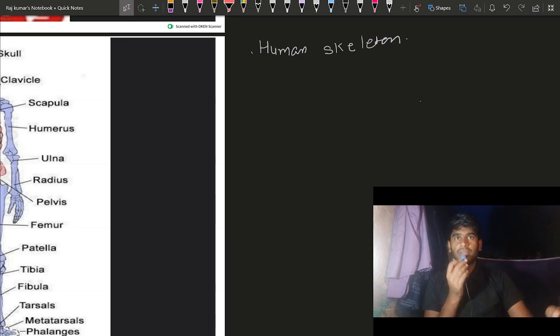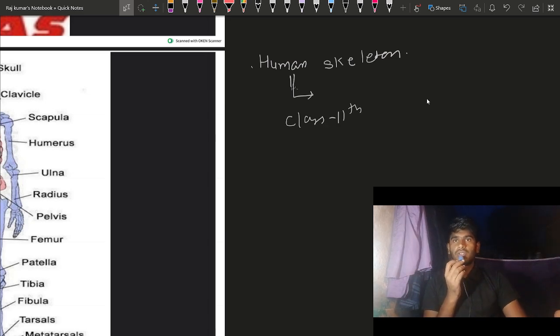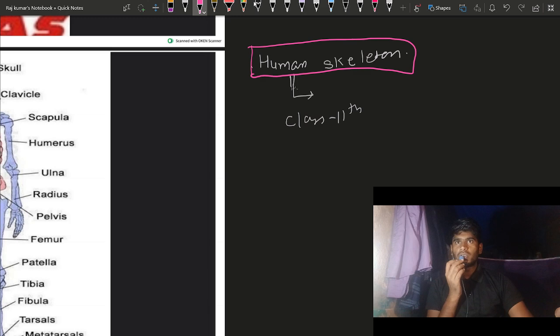This is a class 11th chapter, and the chapter name is locomotion and movement. First of all, we will understand the meaning of skeleton. So I write here some important points. You also write first of all, and then we will understand the diagram also.